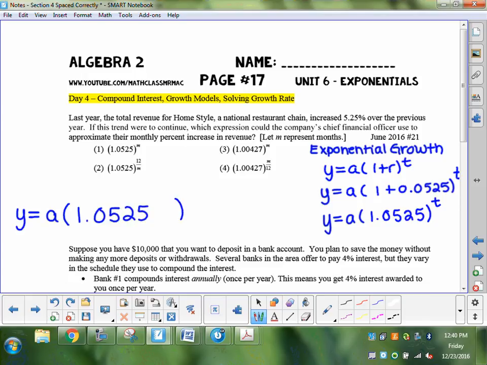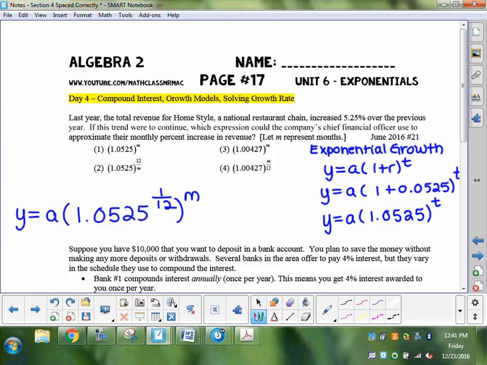Now that's per year. We need to convert it into a monthly rate, which would be this raised to the 1/12th power. That's something that you need to see. To convert that, you raise it to the 1/12th power. Not multiply by 1/12, but raise it to the 1/12th power.